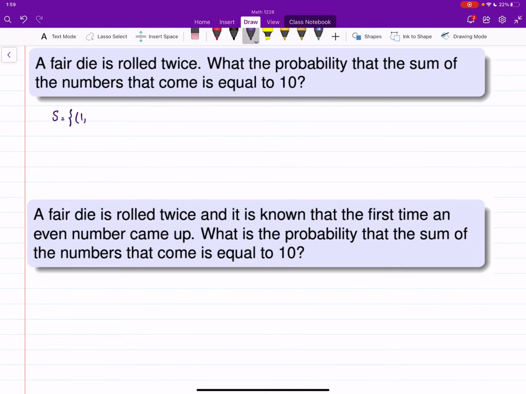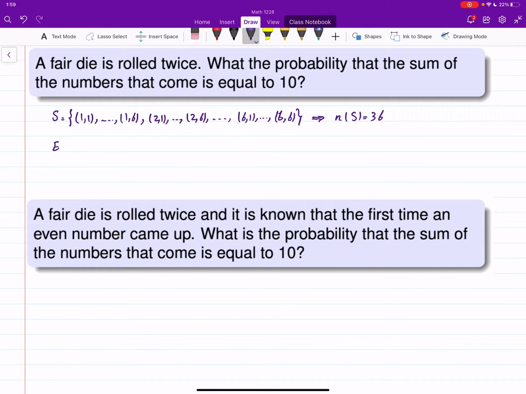So you basically list all the outcomes. Then we'll go up to 2, 6, and this will go up to 6, 1, up to 6, 6. And this includes all possible outcomes there, and you know that n of S is 36.